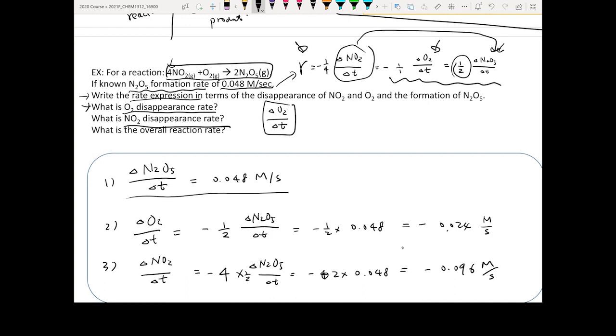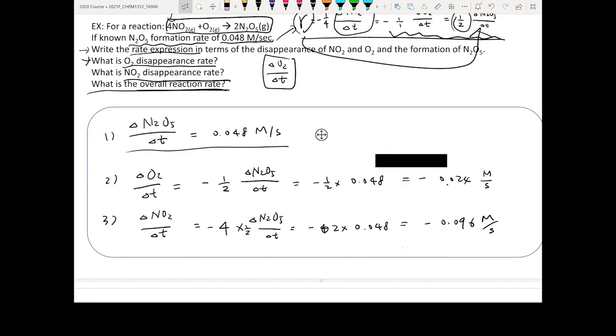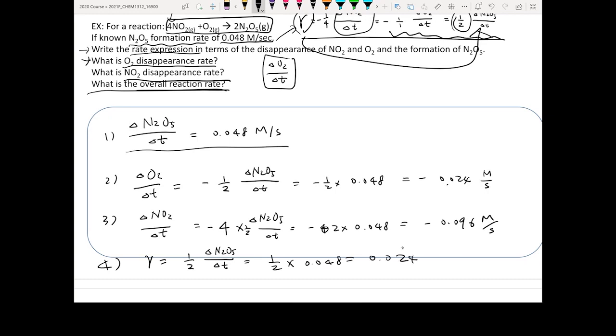So what you really do is use the equation you wrote out in the beginning, and then plug this in and solve all the other terms. The final one is the overall reaction rate, where you use this connected to that. Your overall reaction rate is going to equal 1/2 delta N2O5 over delta T. That's 1/2 times 0.048, that's 0.024 molarity per second.